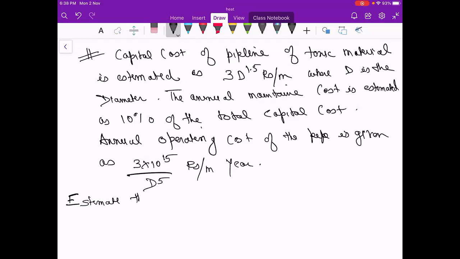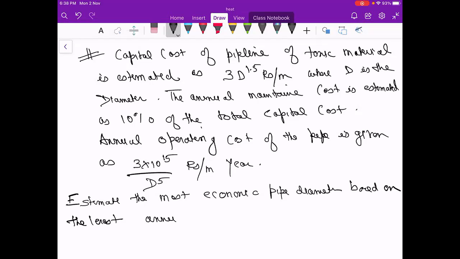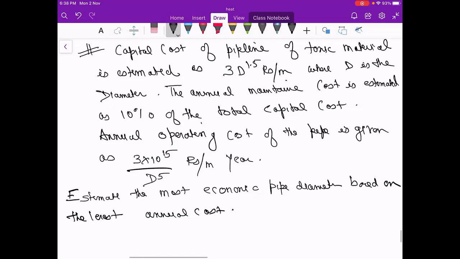Estimate the most economic pipe diameter based on the least annual cost. Okay, solve this question.